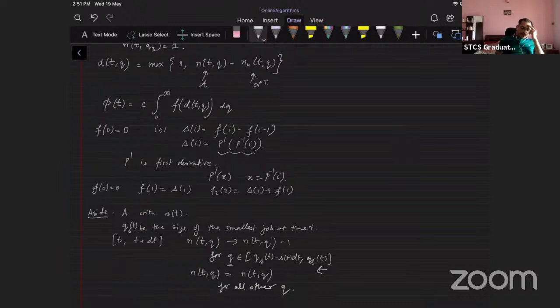We have exactly written down that for certain values of q, N(t,q) goes down exactly by 1. And the same thing happens for OPT, because we know that SRPT is an optimal algorithm. SRPT is just using a different speed possibly, knowing what jobs are coming in future. So the same thing is true for OPT also, where it might be working on Q_0(t). So Q_0(t) might be the job with the smallest size with the OPT.